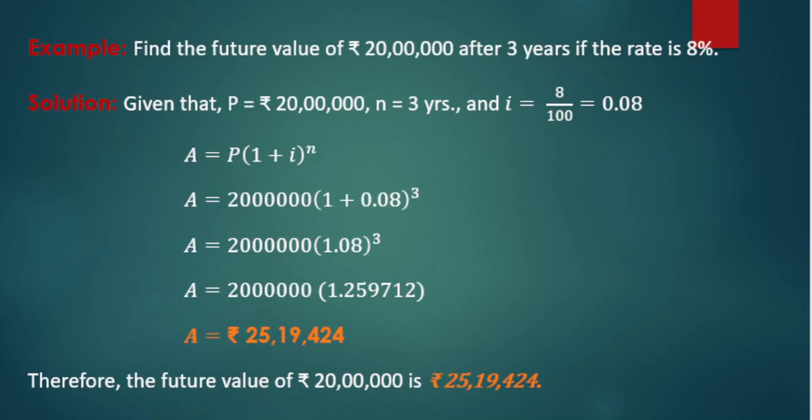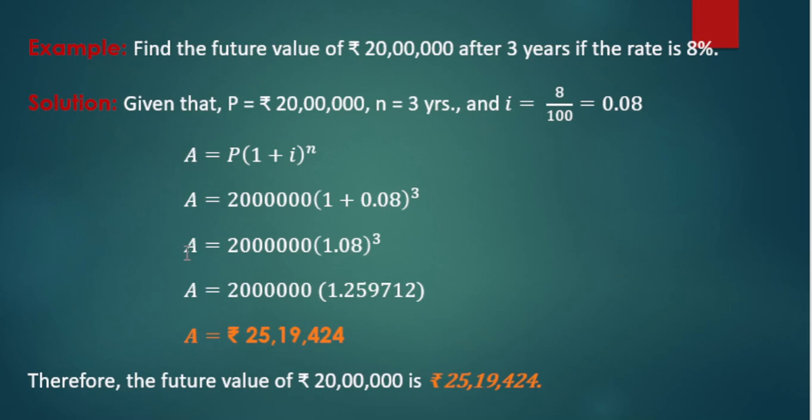In this example, we have to find the future value of rupees 20 lakhs after 3 years if the rate of interest is 8%. In the question, it is given that the present value P is 20 lakhs, n is 3 years, and i is the rate of interest upon 100, which means 0.08. After putting the values into the formula, we got P into (1 plus i) raised to n is 20 lakhs into (1 plus 0.08) raised to 3.